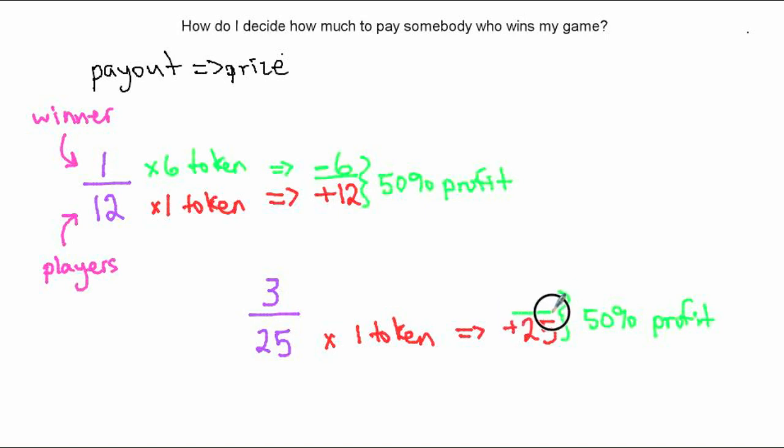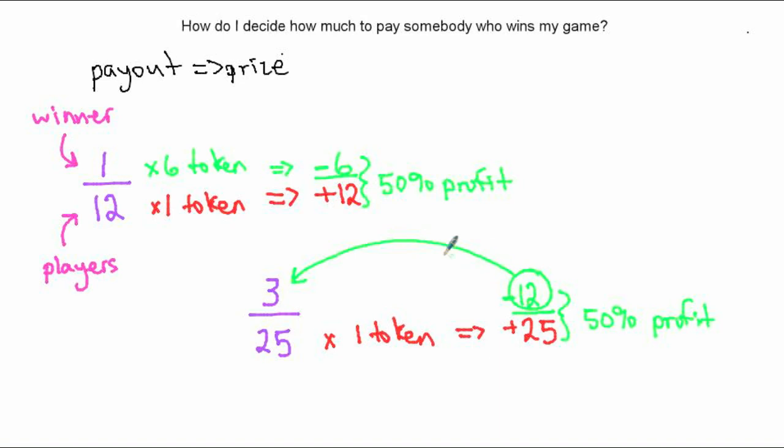So I need to look for a number right here that is around 50% of 25, but also is a multiple of 3. So the number that comes closest to mine here is 12. So I want to pay out approximately 12 tokens out of that 25. But the catch here, and this is why it needs to be a multiple, is that 12 doesn't go to each person.